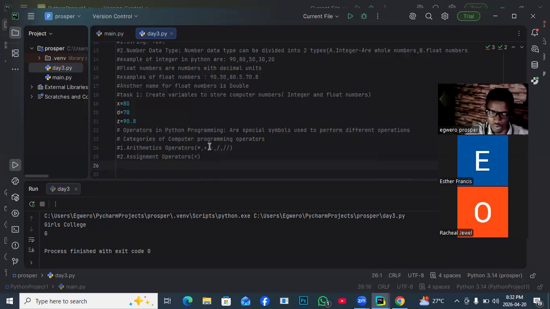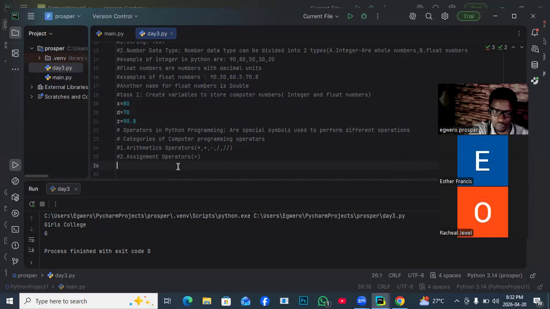The second one will be for addition. The third one is subtraction. And then of course, the division and the floor division sign. So let's start with multiplication.